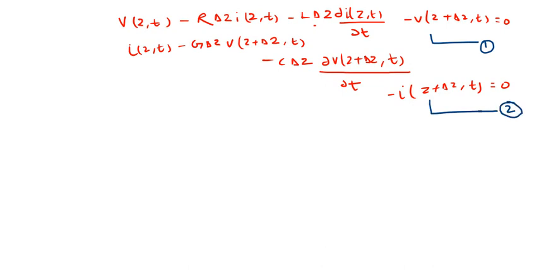Now let us divide the first equation and the second equation by delta z. Since we know that delta z is a very small element, we can take delta z tends to 0.